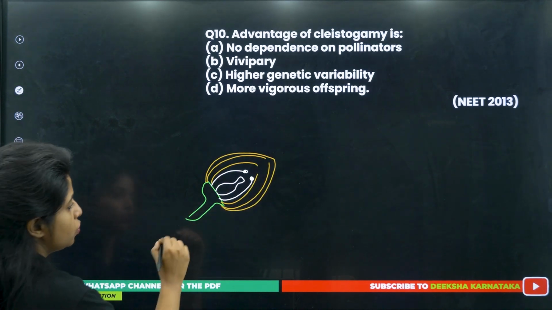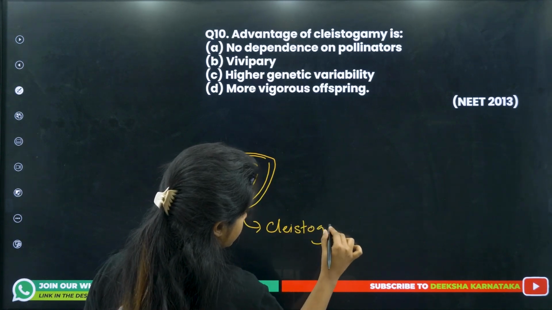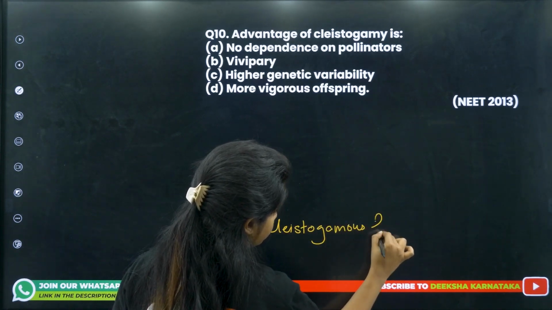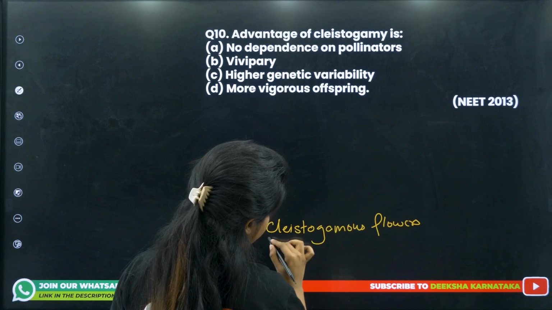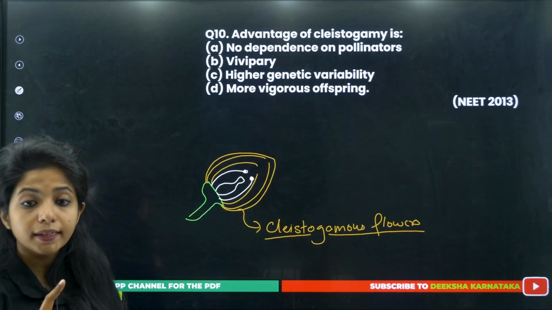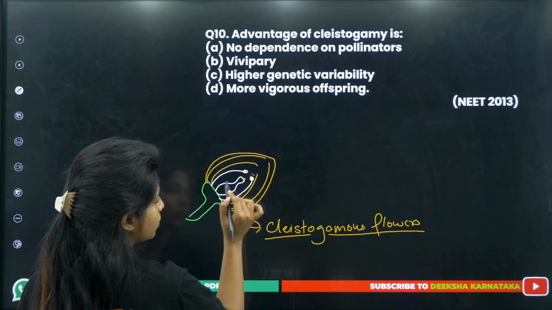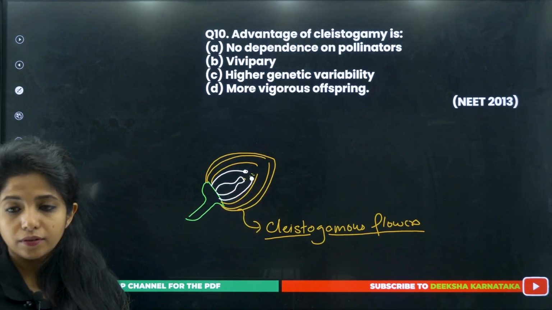This type of flower you call cleistogamous flowers, where the whole thing is closed. Now if the whole thing is closed, obviously pollen from the anther can land on the stigma. Do you think you need pollinators over here?